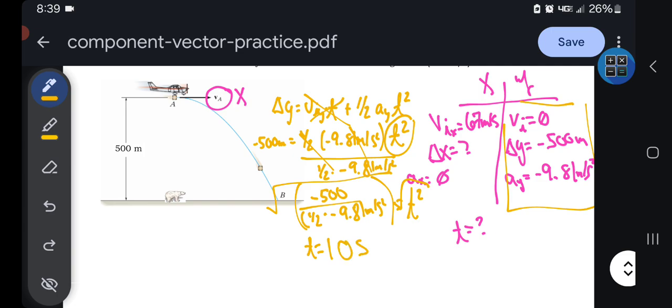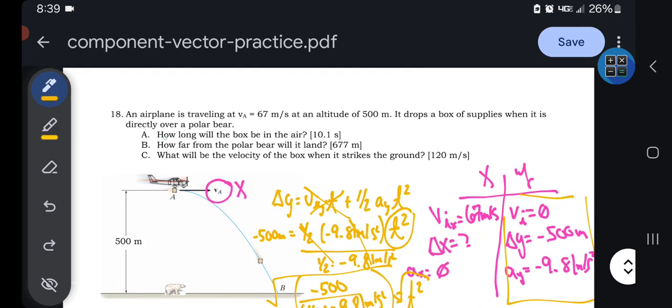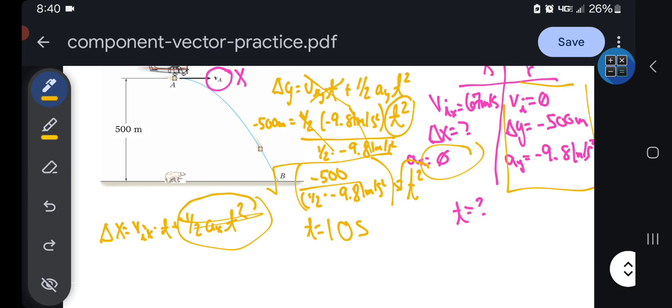Now we've got our time, so we can use our time to solve for the next material. Done A. Now B, how far away will it land, which is our delta X. So delta x is going to be equal to our v initial in the x times time plus 1/2 a sub x t squared. But remember, because acceleration in the x is 0, we can just scratch that side off and just do that other component there, and we know that our delta x then is going to be equal to 10 seconds times your v initial in the x.